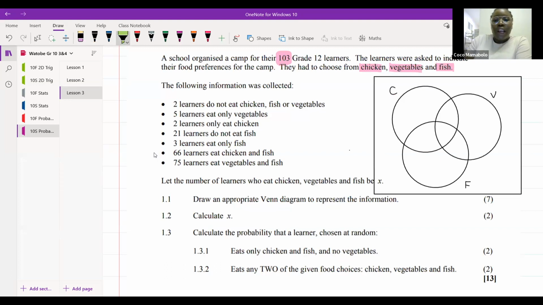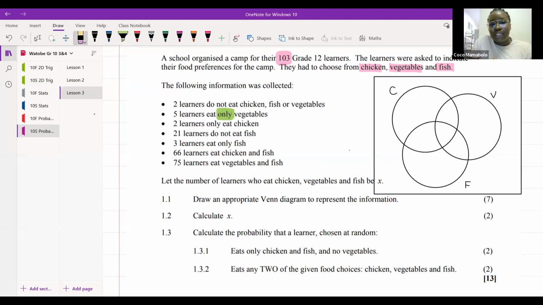Absolutely you can. All right, guys, remember, when it says 5 learners eat only vegetables, that means that they must sit inside the vegetable circle, but we cannot include them in between with the intersections. They cannot be included there. That word only is very, very important.